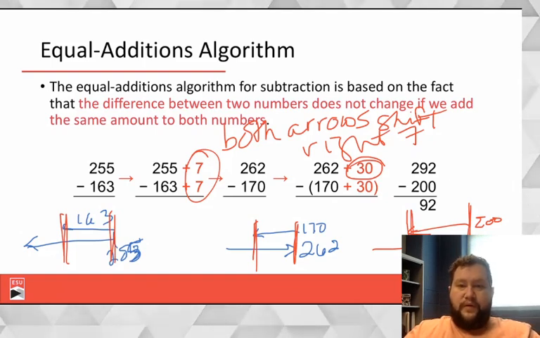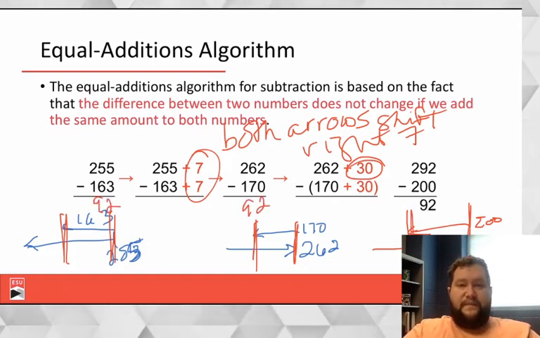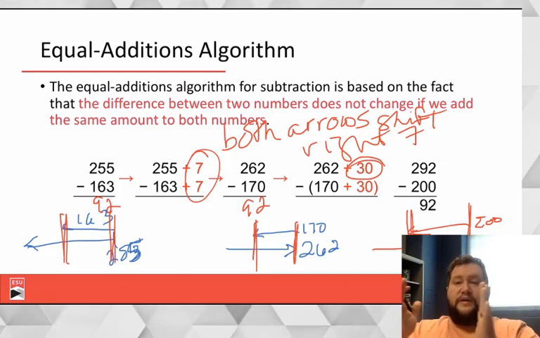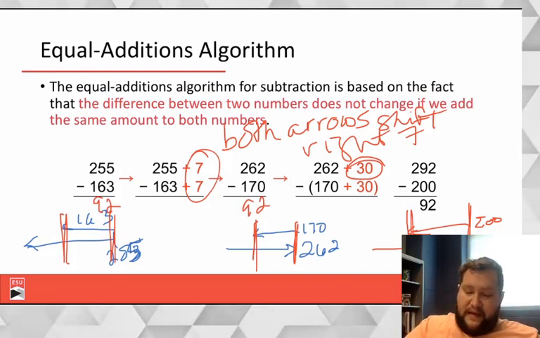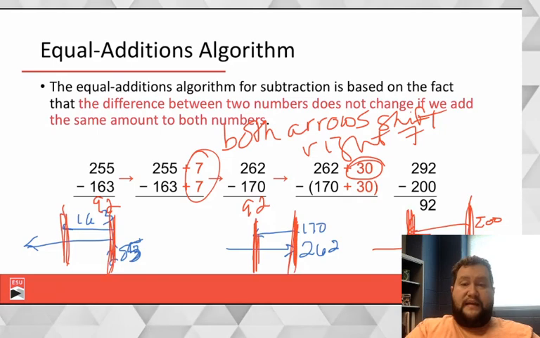And I hope what you did find is that 262 minus 170 is 92, and 255 minus 163 is 92, right? And so since we're always shifting by the same amount, that distance between the endpoints, which is the result of our subtraction, is the same.